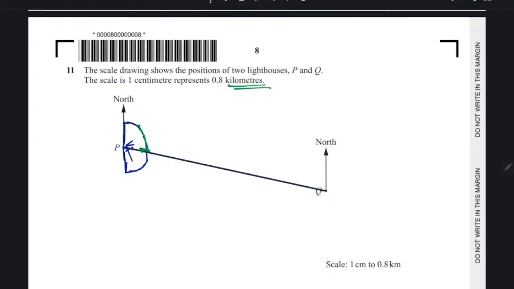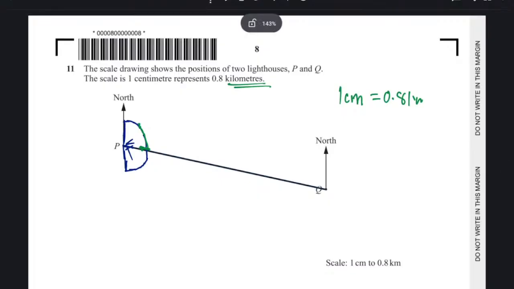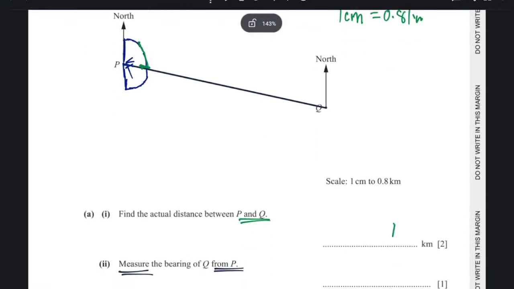You first write 1 centimeter is equal to 0.8 kilometers.